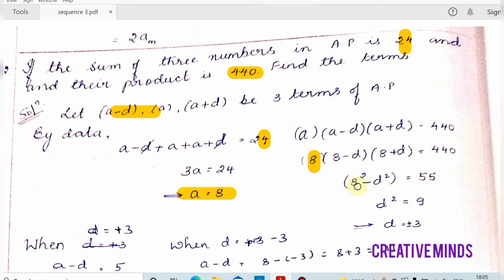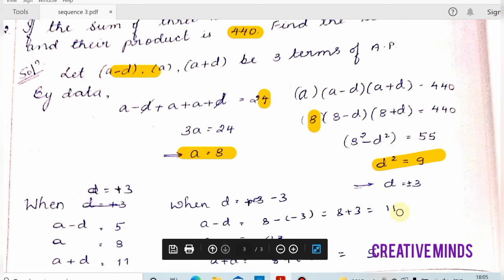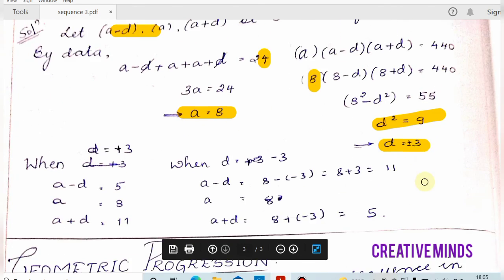So we write like this: 8 square minus D square is equal to 55. 8 square is 64. So 64 minus D square is equal to 55, D square is equal to 9. So D is equal to plus or minus 3.